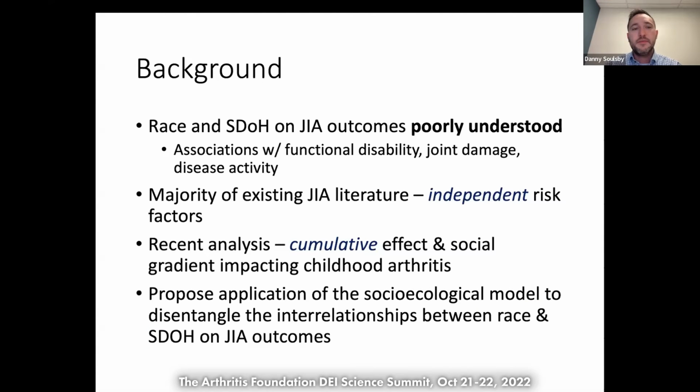So the background for this project is that we have identified in the literature that race and social determinants of health definitely impact outcomes in JIA, but overall how they impact outcomes is poorly understood.